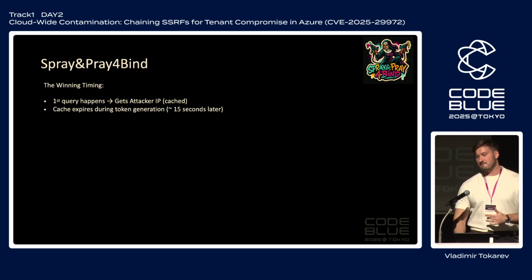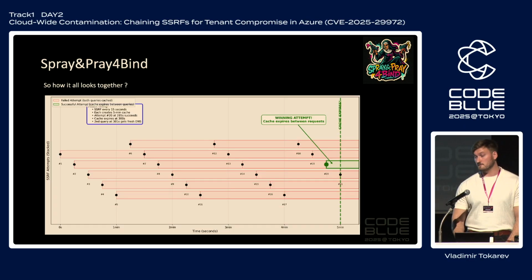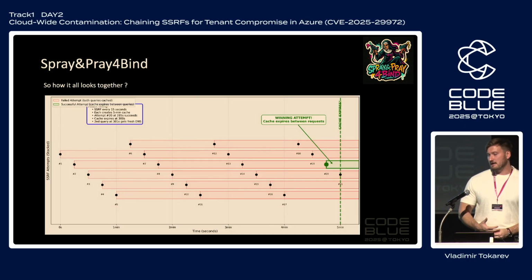Then it will trigger every 15 seconds, and again, the one closest to 5 minutes will refresh it. And so this will win, and we'll have the second query sent to the target IP we want to actively query. And this is how it looks, again, on a time scale with flow. We'll have a lot of SSRFs triggered, and then near the 5 minutes mark, we'll have one that actually wins the second time, and this is exactly what we are after.